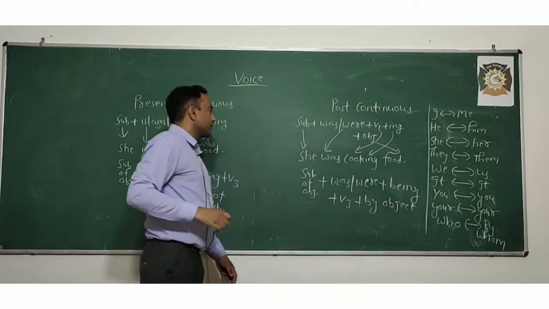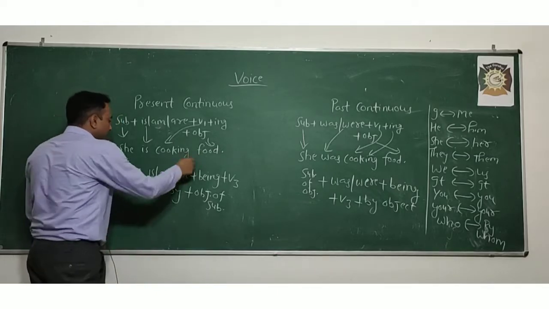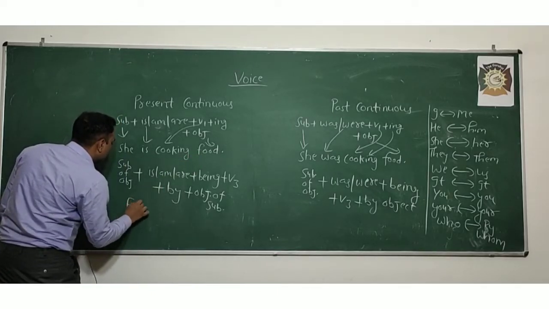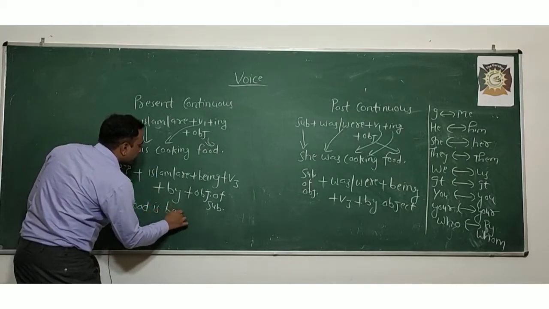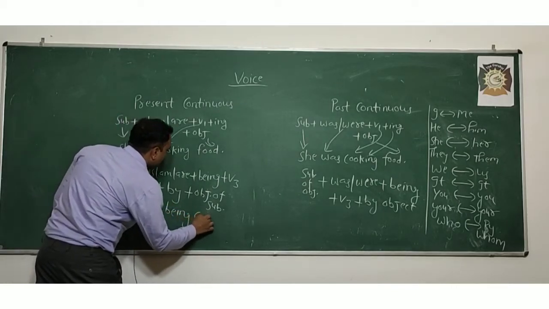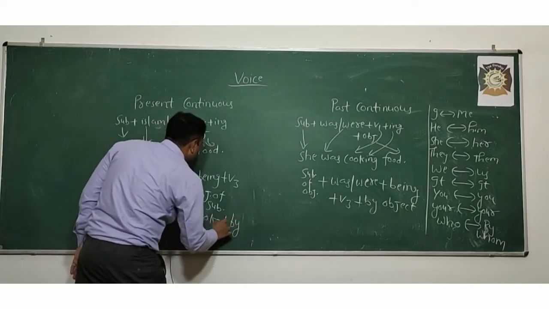And now change it into passive voice. This is very simple and you all can change it. Food is the object, it will become subject. Food is singular, is being, food is being cooked by her.